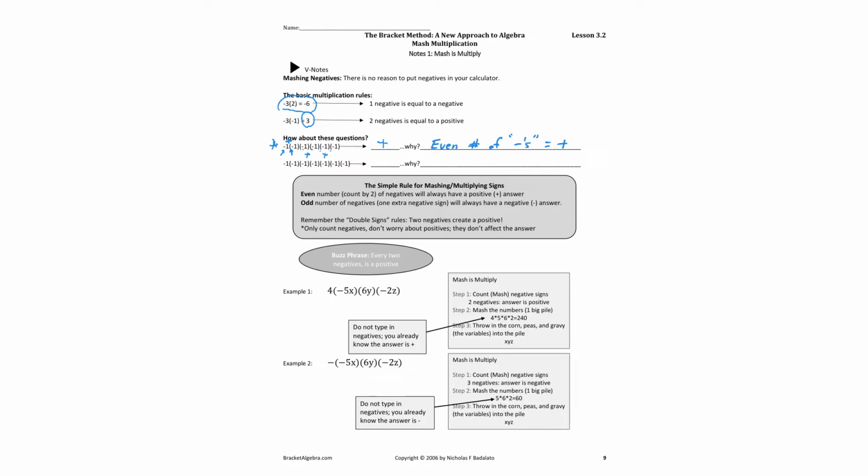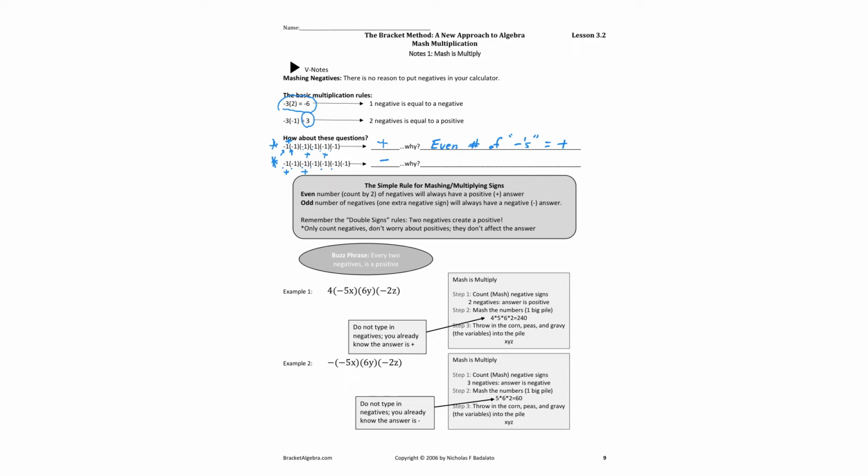This brings us, of course, to the next question. So take a peek at this, look at it, and see what you think the sign is going to be. Again, you can hit pause, discuss it, and then come back. Okay, and obviously this one, the answer is negative. And again, it comes down to the same concept. Every 2 negatives creates a positive.